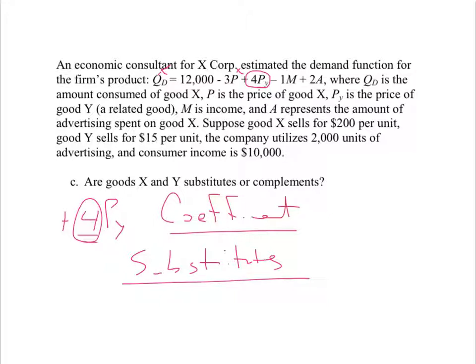It will rise as people move away from Sprite. They'll purchase more of the related good, 7-Up. And so these two goods are substitutes. So if you look at this term here again, the price of the related good, if that coefficient is positive, then you're looking at substitute goods. If the coefficient is negative, less than 0, then you would have complements.